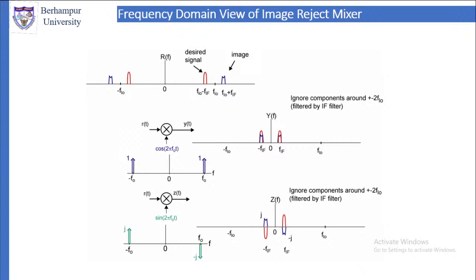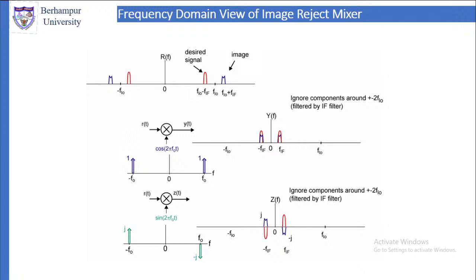In the next figure, RF is multiplied with cos 2 pi f0 t, so it means the frequencies are at plus minus f0, which is the middle one. You can see that if you multiply that on these two, then the red will be superimposed on the blue part. On both sides of the DC, red will be superimposed on the blue part.